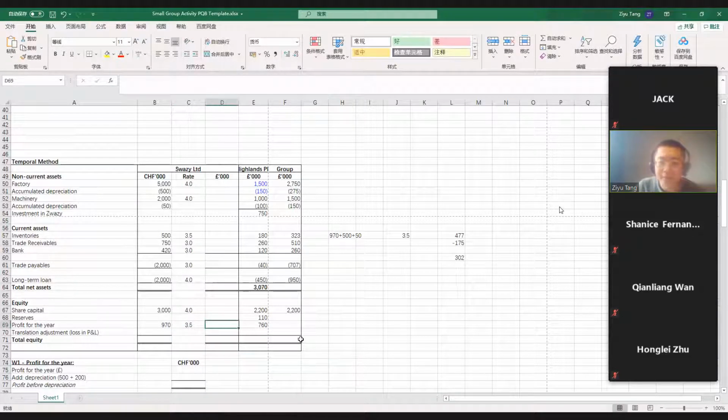But here we have another problem. When you calculate the depreciation, it follows the asset value, right? When the asset value is translated at 4, the depreciation will also be translated at 4, right?